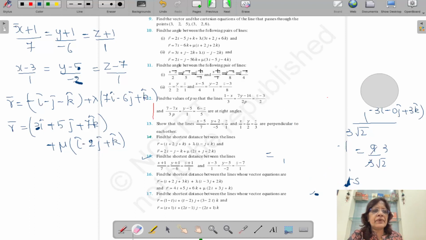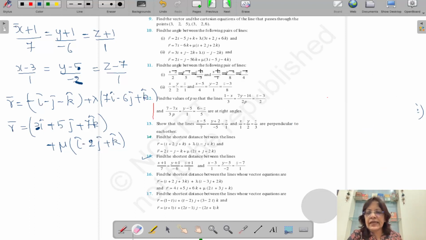Now we compare it with the standard form. The first line is r is equal to a1 plus lambda b1, and the second is r is equal to a2 plus mu b2.